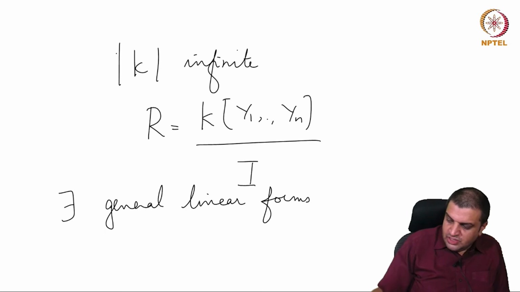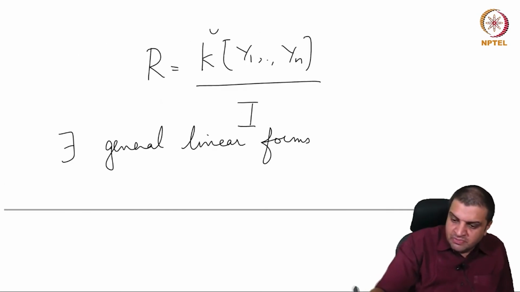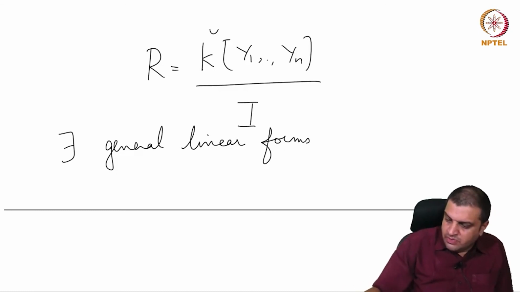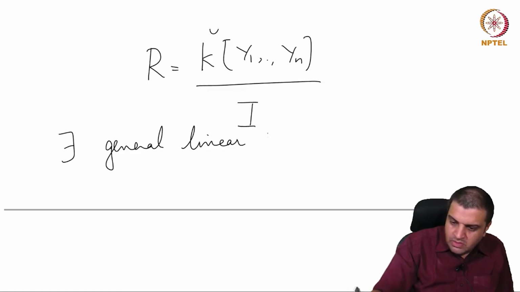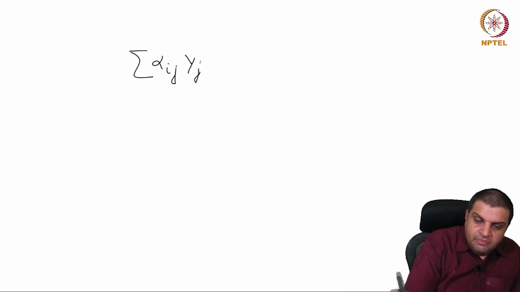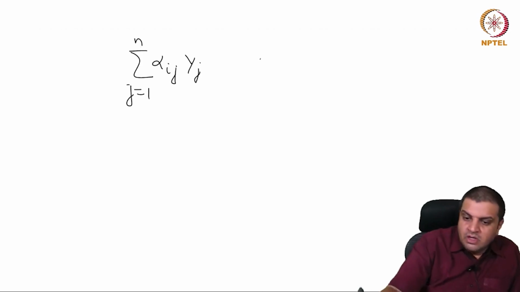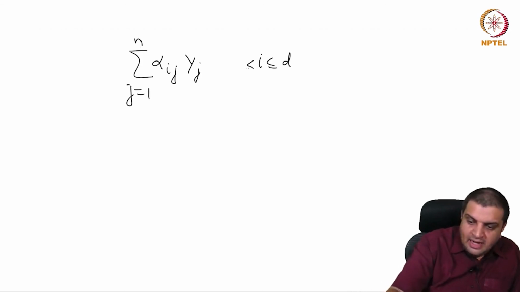These will be images of general linear elements of R, of the form z1 through zd, where zi is the summation of alpha ij yj, j going from 1 through n, i going from 1 through d, and d will be determined later.